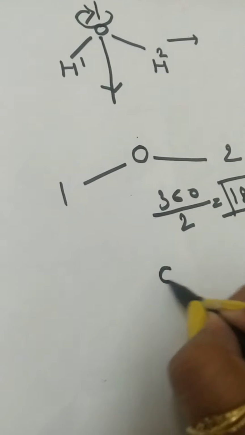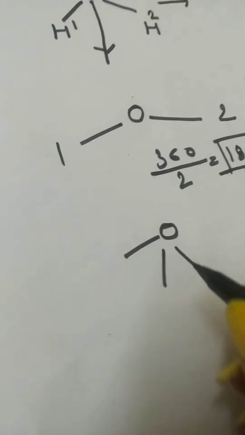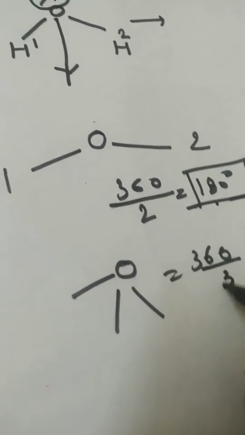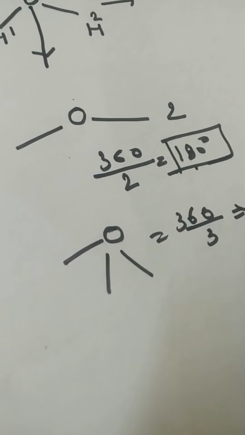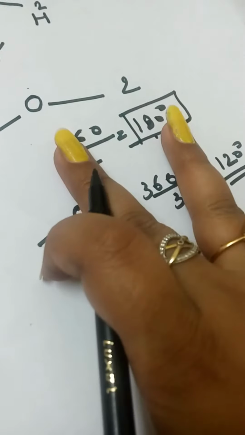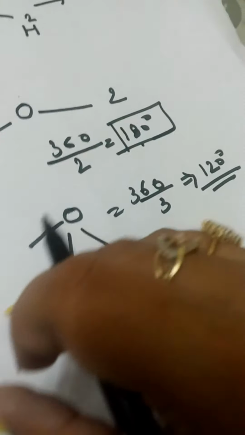Suppose this is the center atom and we have 3 elements around it, so we will rotate it by 360 divided by 3, which is 120 degrees. So just divide 360 degrees by the number of surrounding atoms.